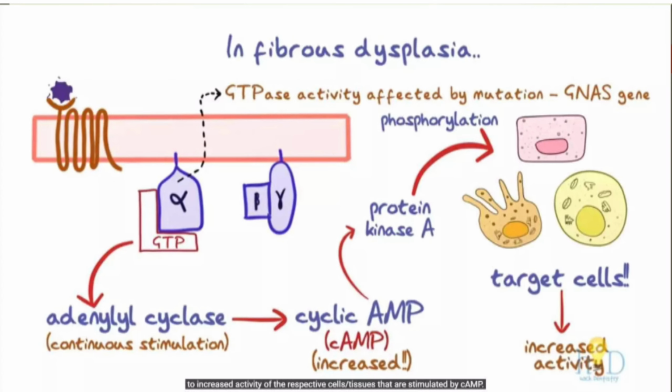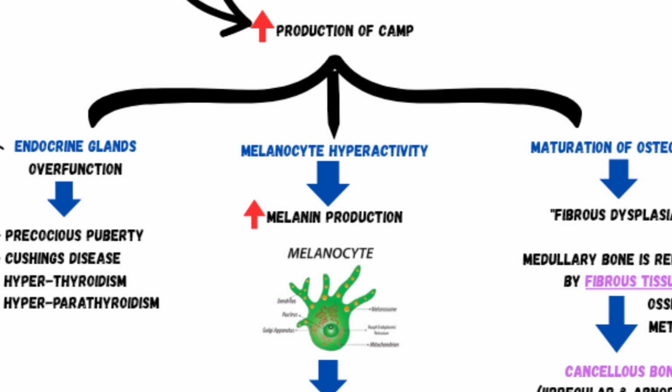In fibrous dysplasia, GTPase enzyme is defective due to GNAS1 gene mutation. So, GTP continues to activate the alpha subunit of G protein, and cyclic AMP increases continuously, leading to overactivity of various target cells. As you see in this flowchart, the three main systems are affected in fibrous dysplasia.